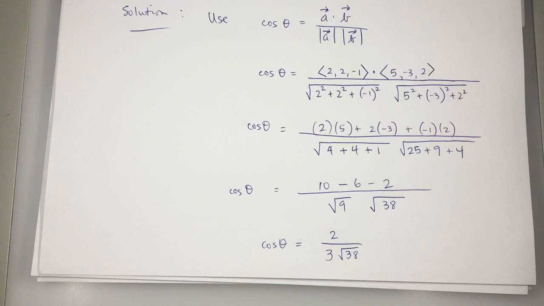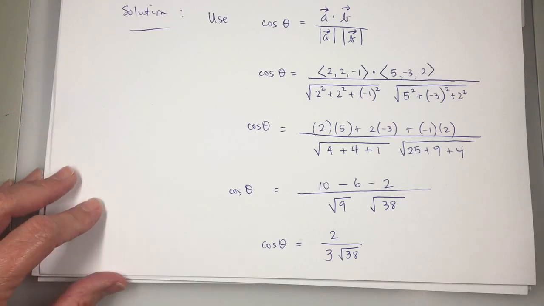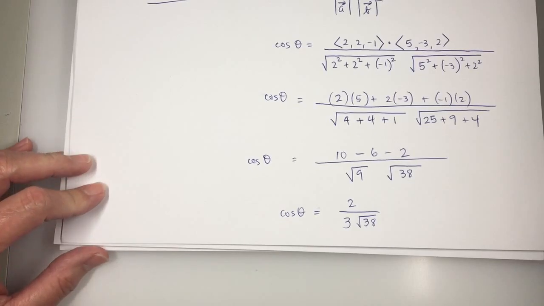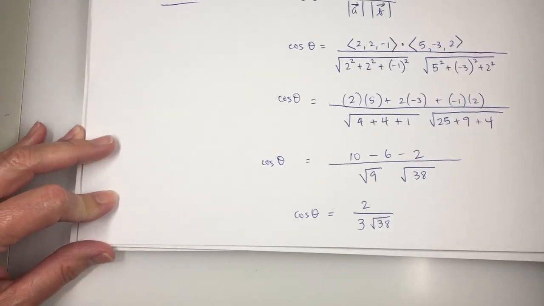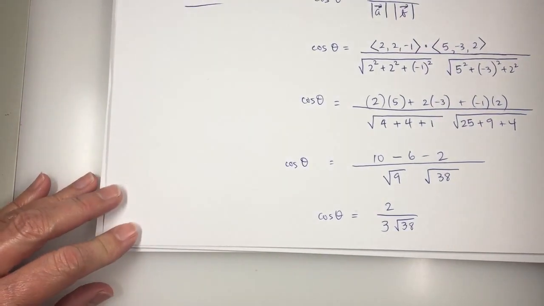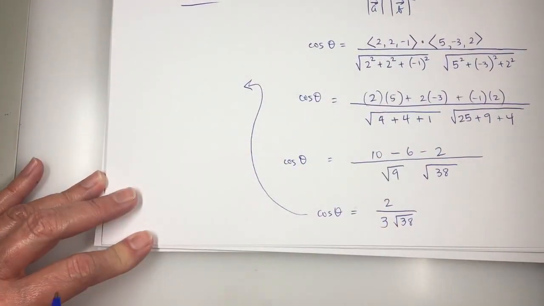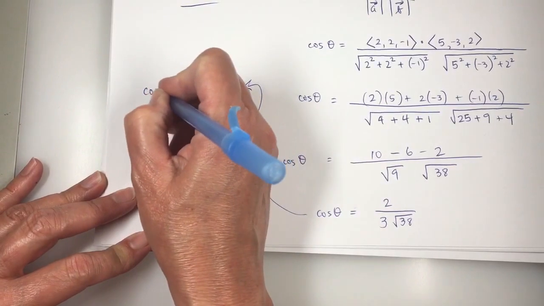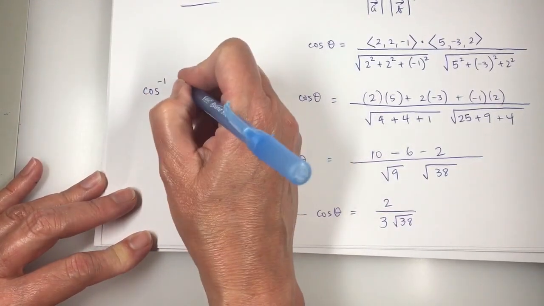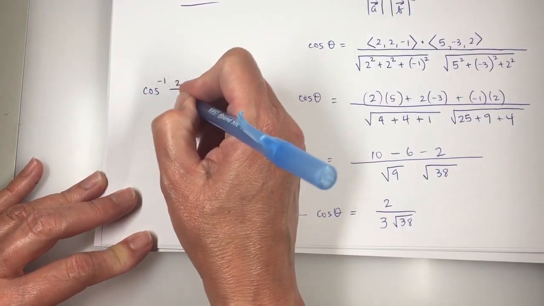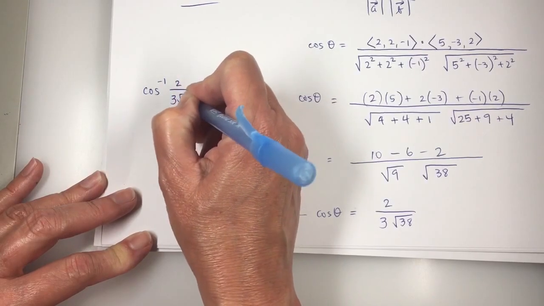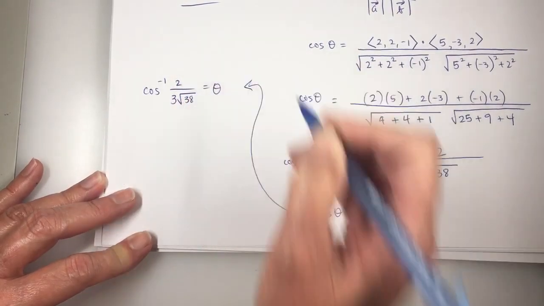Not done yet, because they did not ask for cosine of theta, but they did ask for what theta is. So to find theta, what do we need to do? Inverse cosine, thank you. Inverse cosine of 2 over 3 times the square root of 38 is theta.